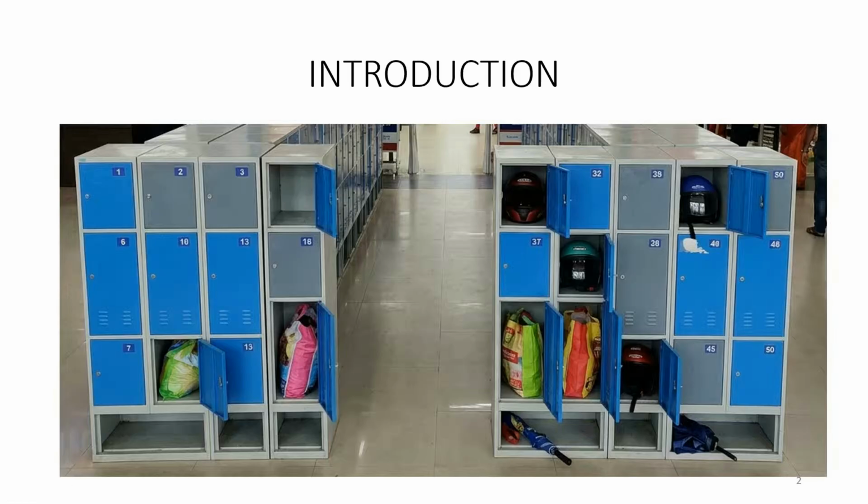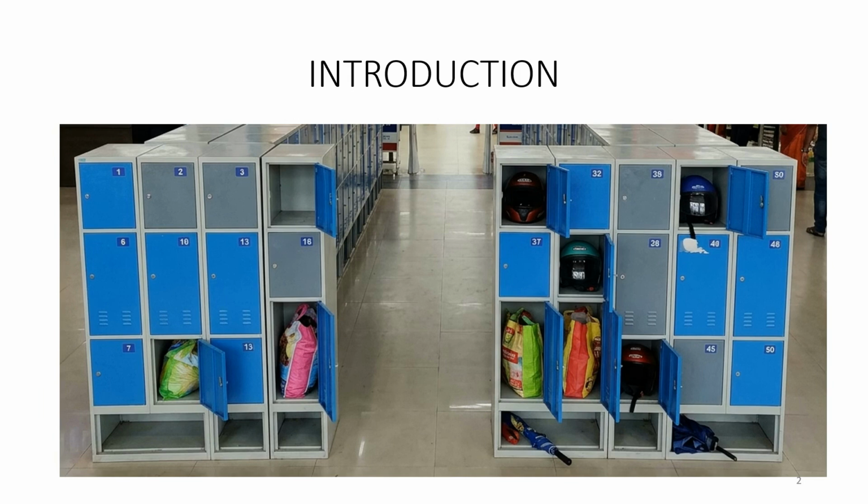So let us consider a simple real-life example of a locker system that is used in a departmental store. When a customer enters a store, they often carry personal belongings such as helmets, umbrellas and bags. For safety and convenience reasons, the store provides lockers where these items can be stored temporarily. These lockers are arranged in an organized manner and each locker is identified with a unique number.